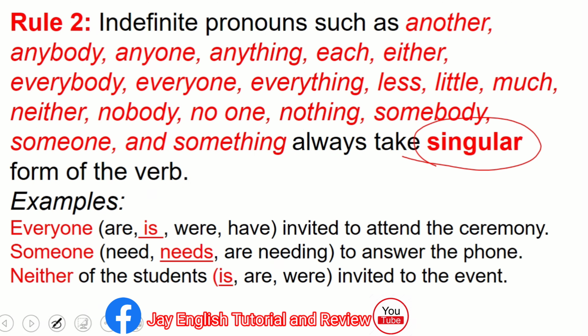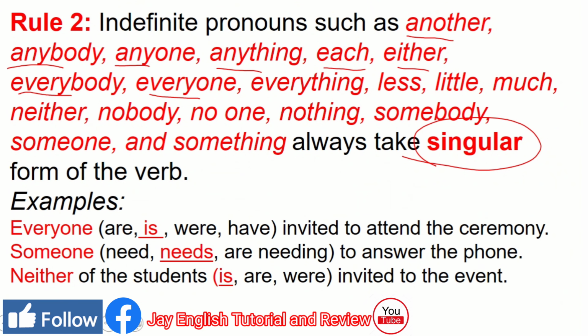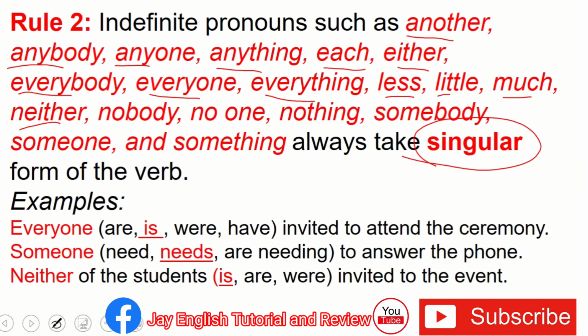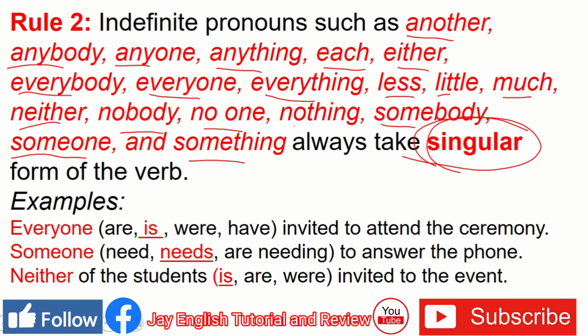Indefinite pronouns such as another, anybody, anyone, anything, each, either, everybody, everyone, everything, less, little, much, neither, nobody, no one, nothing, somebody, someone, and something always take a singular form of the verb. Okay?